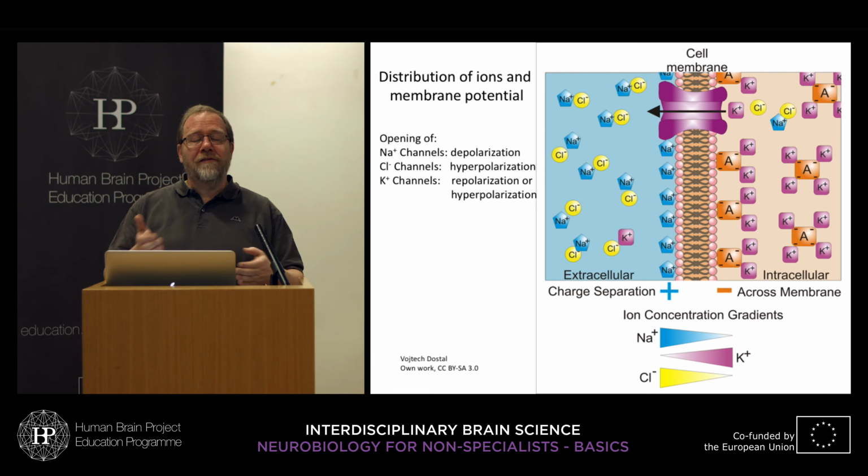And of course, after this exchange of ions, the ions have to be transported back to re-establish the gradient, because otherwise signaling would be dead. This transport takes a lot of energy and special transporters. That's why neurons need so much energy for transporting and building all these gradients and stabilizing them.